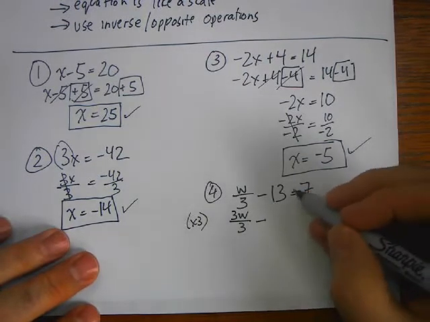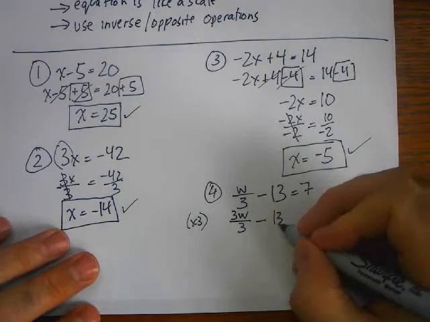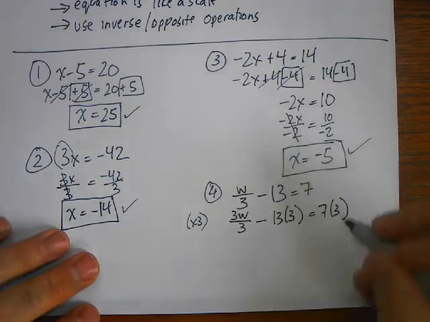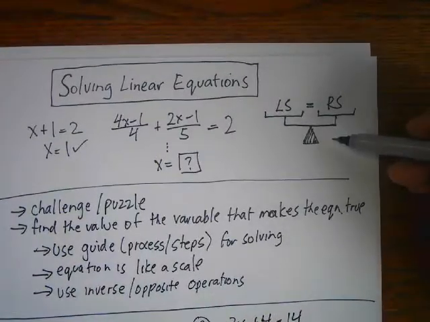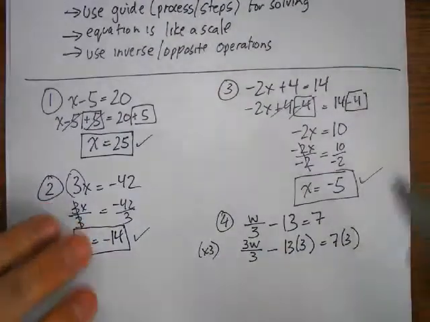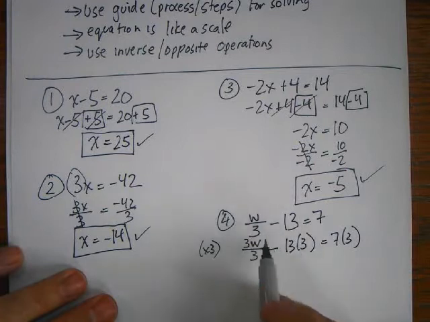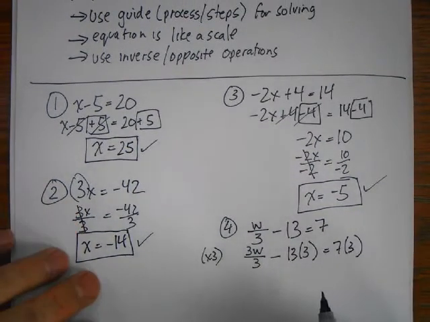Just because they're not fractions doesn't mean we don't multiply them by 3. So that gets multiplied by 3, that gets multiplied by 3. Remember, equations are like a scale, so whatever we do to one side we have to do to the other, and that includes all the terms. So if I'm multiplying one side by 3, I multiply all the terms by the 3.